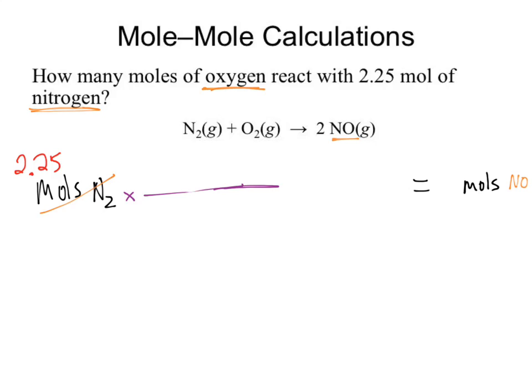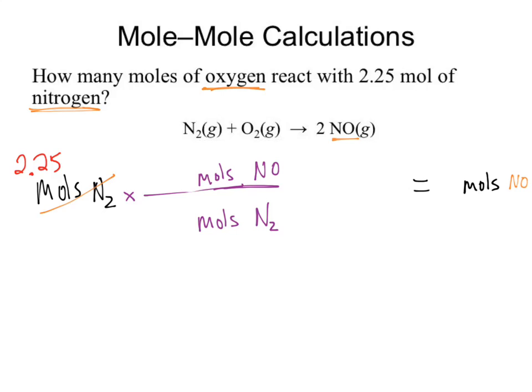No. So what do we have to do? We have to convert. What unit do we want on the bottom in our conversion factor? Moles of our N2. Why do we want N2? So it cancels the unit that we already have. What unit do we want on top? Moles of our nitrogen monoxide.